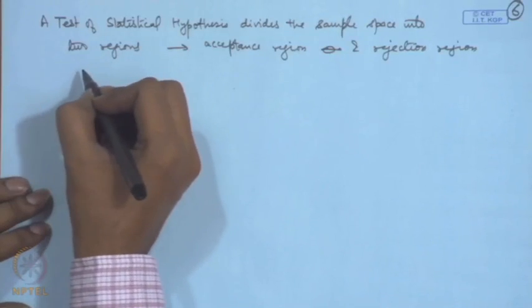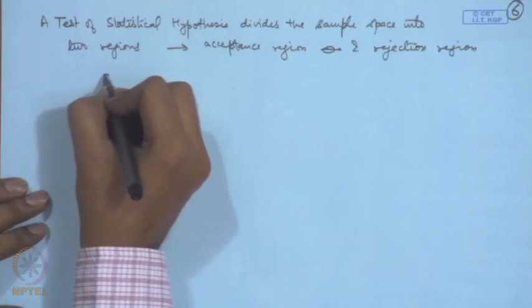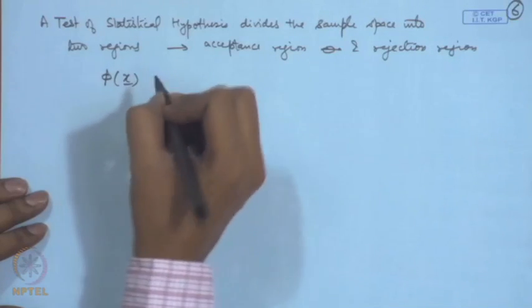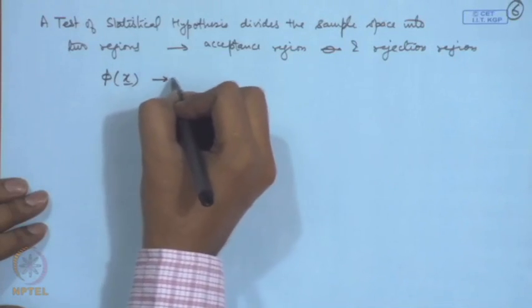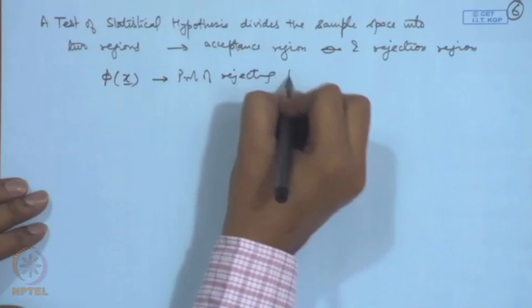So, based on this, what we are doing? We are actually determining a function, say phi x, this is called a test function, this we can call the probability of rejecting H naught.